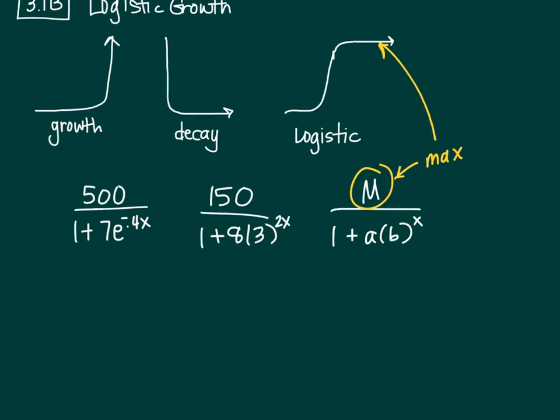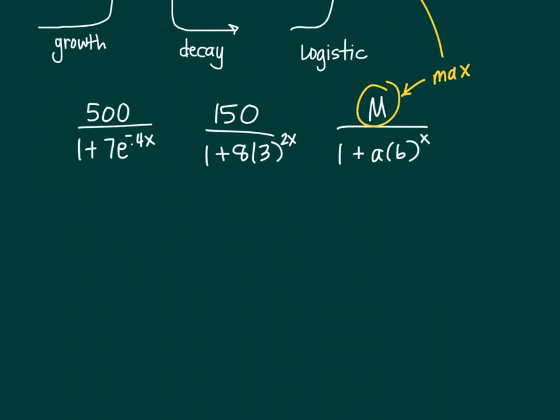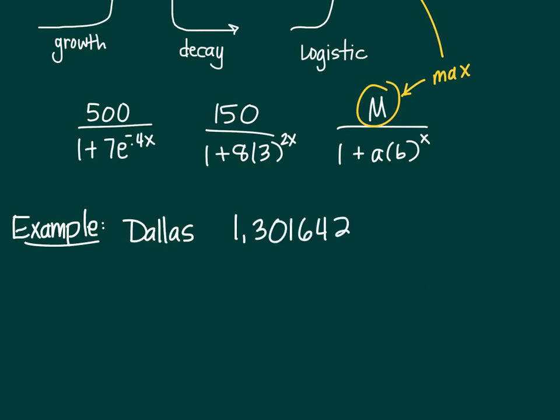Okay, so an example of how that would work would maybe be a question that showed up like this. Let's talk about Dallas. They've done population studies on Dallas. This is what they've come up with: 1,301,642 over 1 plus, this is actual data, 21.6 e to the negative 0.05t.